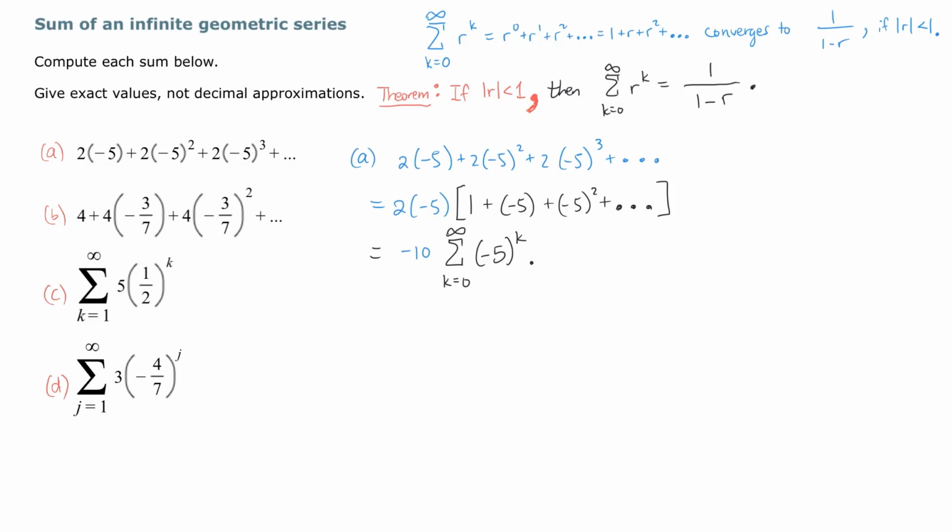And I'm going to put a period there. Since the absolute value of negative 5 is actually equal to 5, which is greater than 1, we can make this conclusion: the sum does not exist.